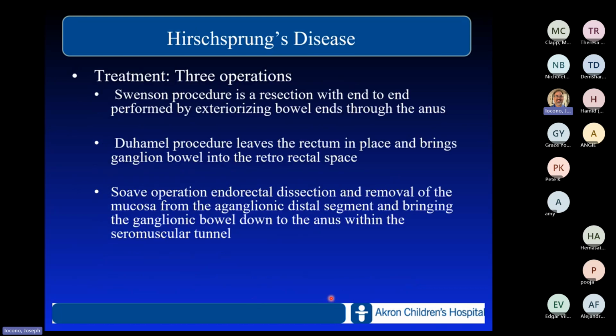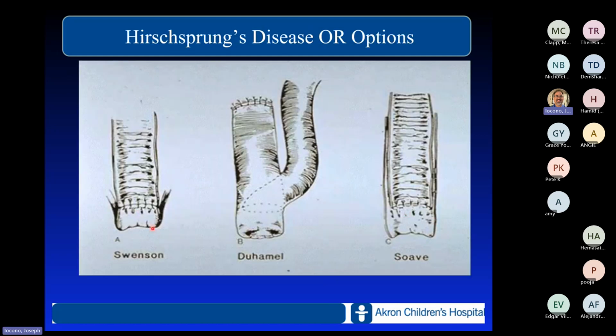There are 3 different options: the Swenson, the Duhamel, and the Soave. The Swenson is basically an APR, right above the dentate line, full thickness, right in, take out the rectum, and reanastomose right at the dentate line, right proximal to it.